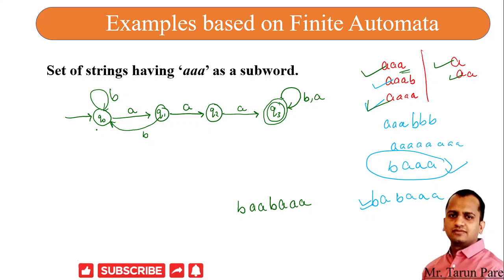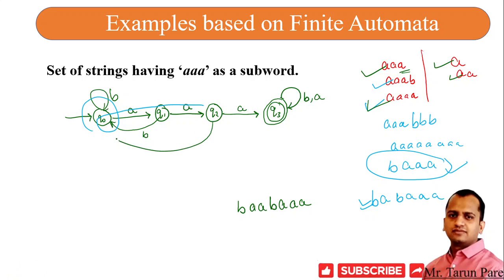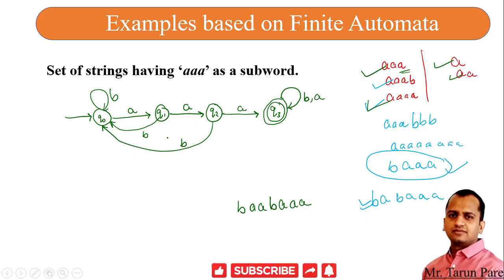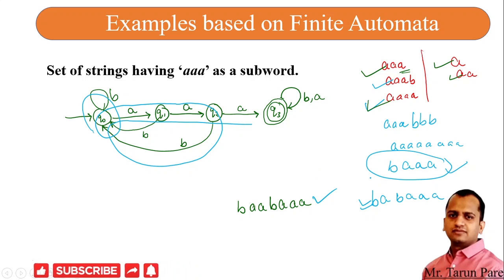You have entered through this BAA, then it is again asking for B, so for that you have to make the transition from here to this. Okay, then will it be accepted? Yes, of course, now it will be accepted. How is this going to accept? They have passed B, then AB, then 3 times A. Yes, it is now accepted by this automata.